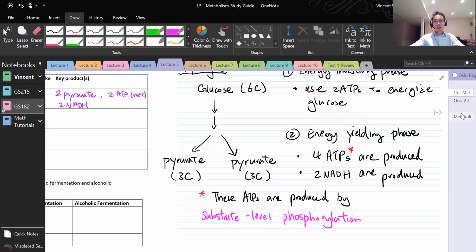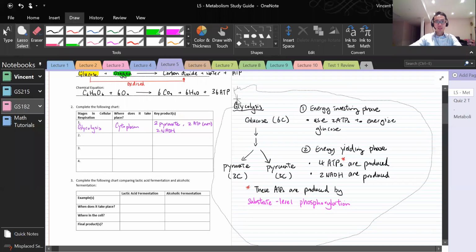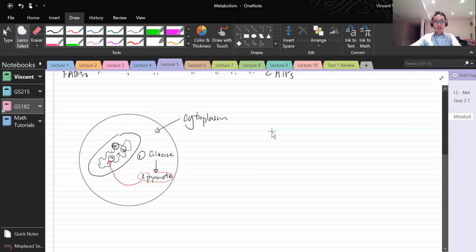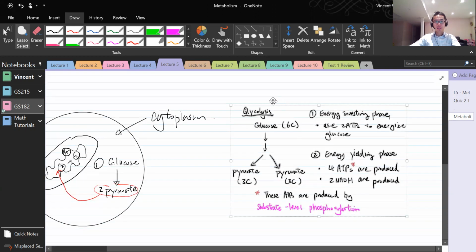You know what, guys? I'm going to put this stuff on the other page, otherwise we will keep on running out of space. Sorry about that. Cut, and we'll paste it right here. Let's see if it's going to work. Oh, it does work. Very good.